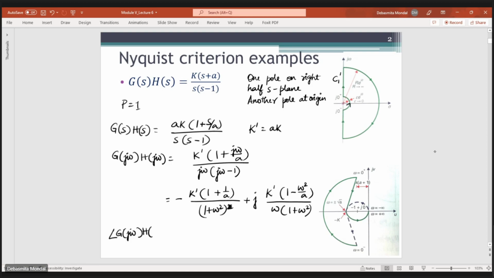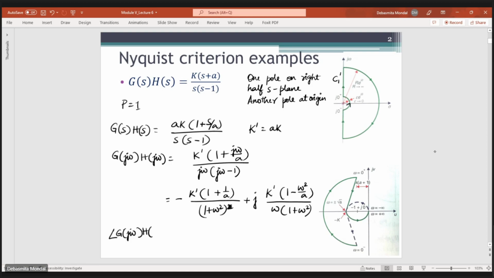So this is for C1 dashed. So let's try to plot it for C1 dashed. For C1 dashed, we saw that at omega equals to 0, the real part is minus k into 1 plus a, the imaginary part is infinity, and the phase angle is plus 90 degree. So this will start, so this point is minus k into a plus 1.